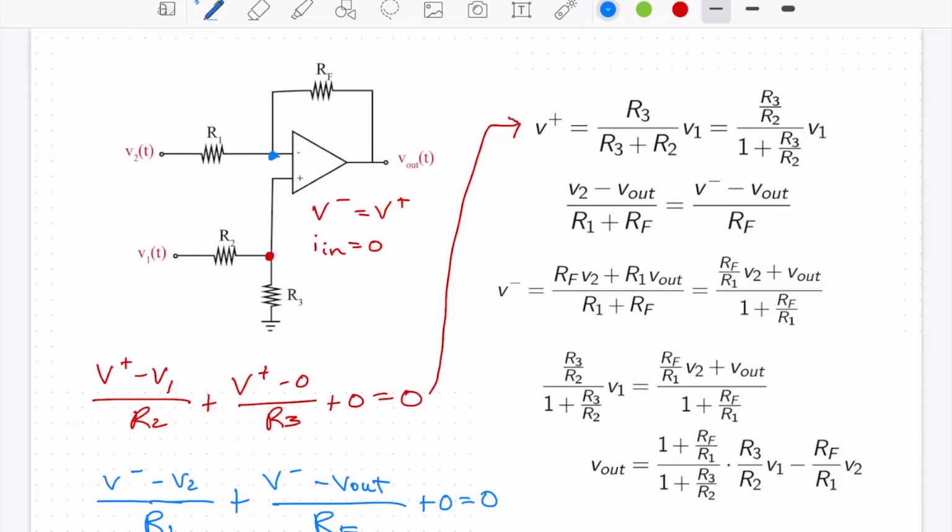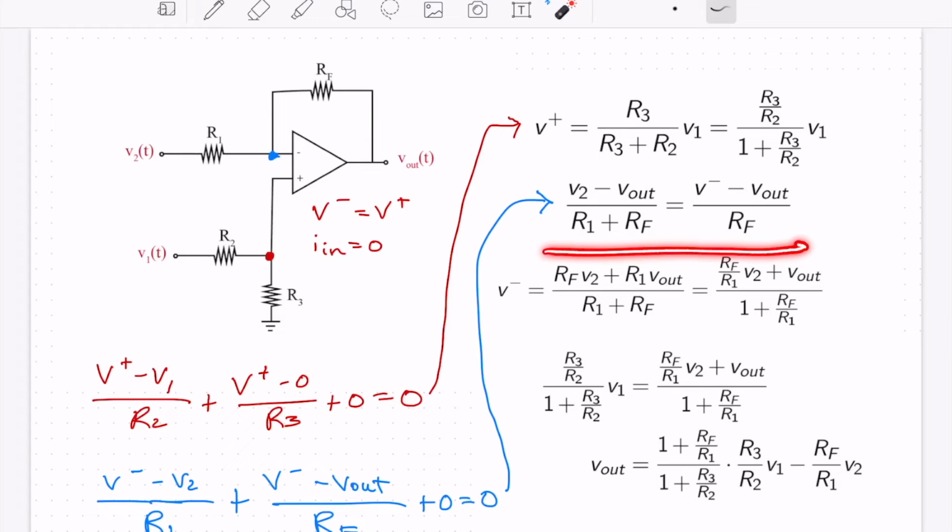Now, you can manipulate this with the algebra and you can choose to end up with that equation, and that's just by collecting like terms and relating them. But you could also get this equation directly. Let me explain how to do that.